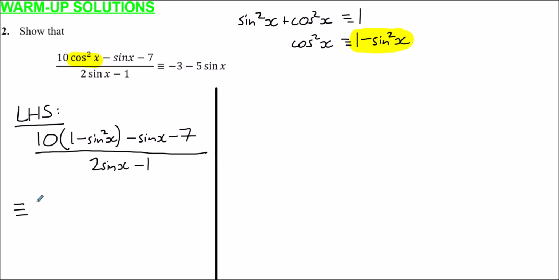So 10 times 1 obviously is 10. 10 times minus sine squared x is minus 10 sine squared x. Then minus normal sine x minus 7. All of this over 2 sine x minus 1.